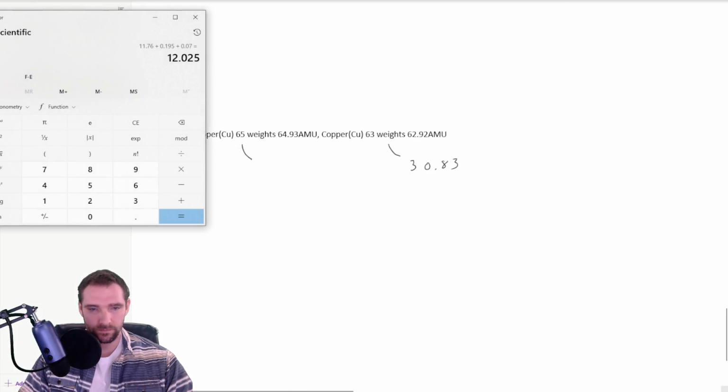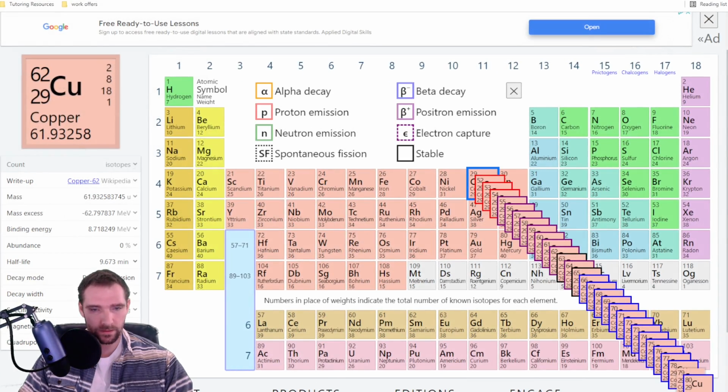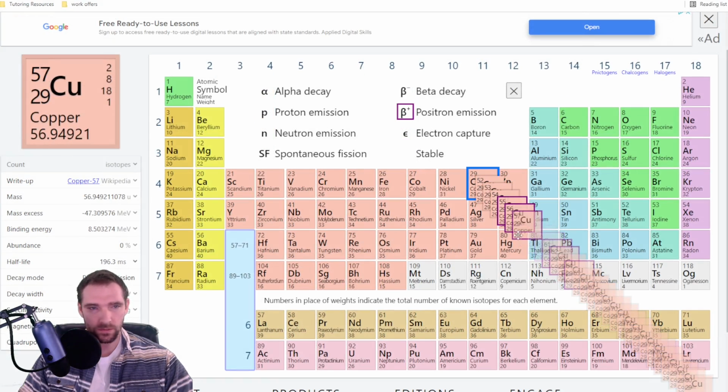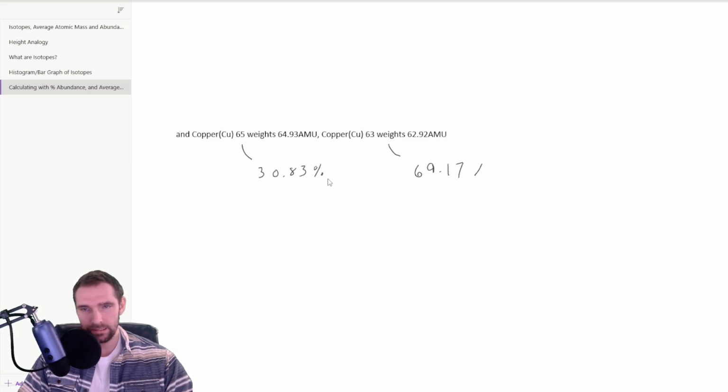I think I might have flipped the numbers in their portions, so I just want to double check that yep, that portion is for 63, so 70% is for the 63. Okay, that's what I thought. I flipped the numbers. Okay, so this should be over there, and this should be over there. So you can say that that's like its percentage, and that's its percentage right there.